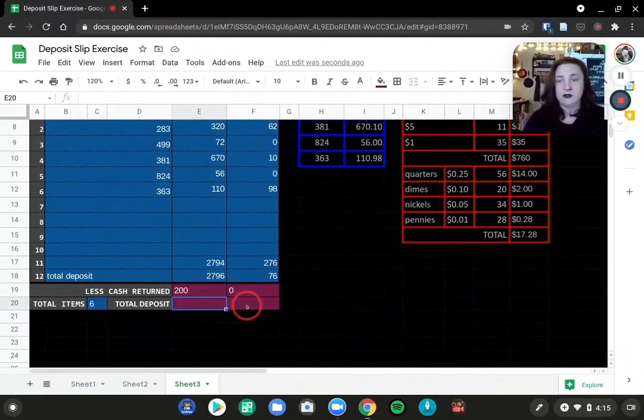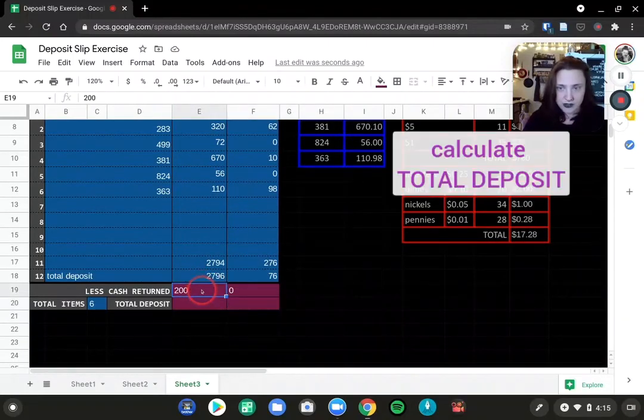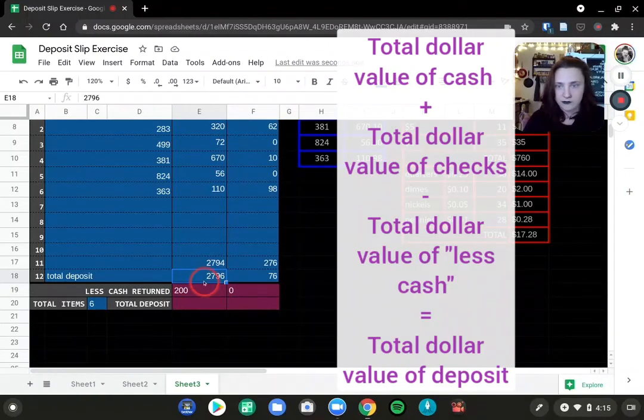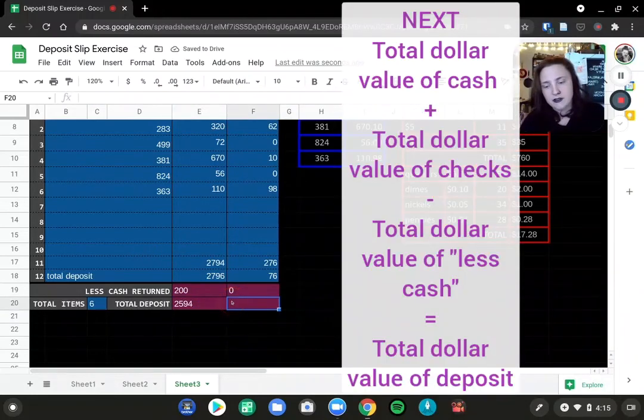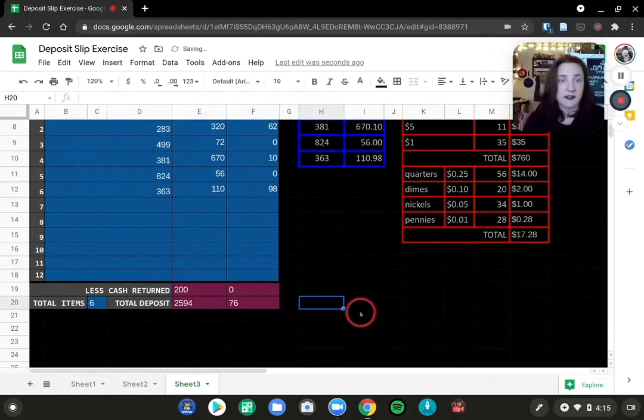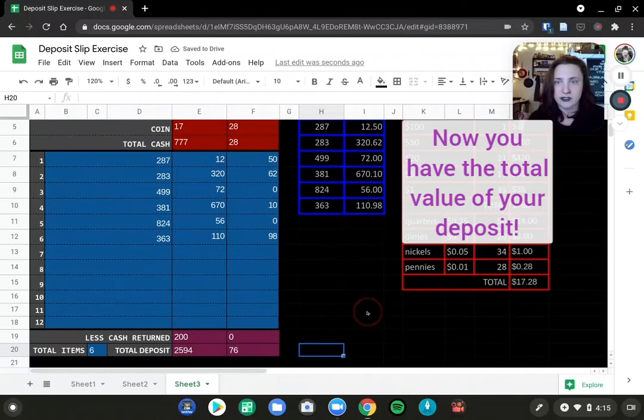And then to get the total deposit here, I subtract any cash that I want to take out from the total dollar value of my deposit. So it's going to be $2,794 minus $200, and then that will be 76 cents minus 0. And that's what your bank deposit slip is going to look like when you're done.